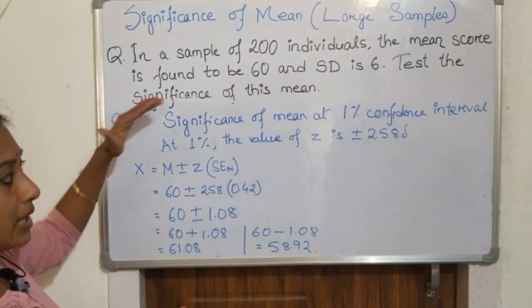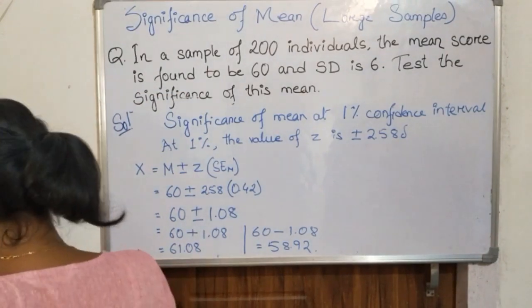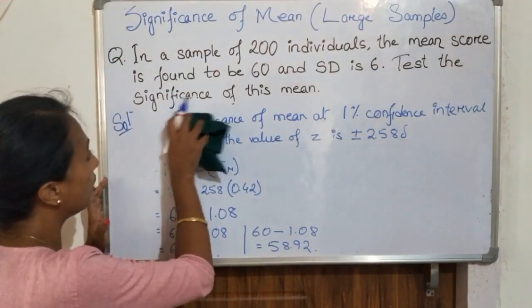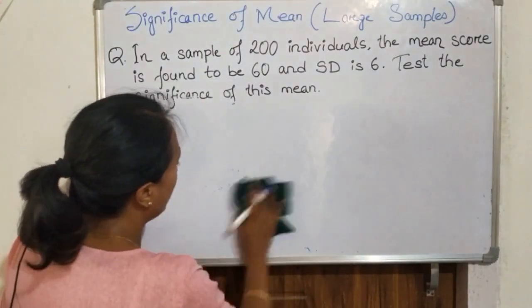Now we have calculated our values. Now we will write the interpretation, which is a very important part when you are solving questions like this.